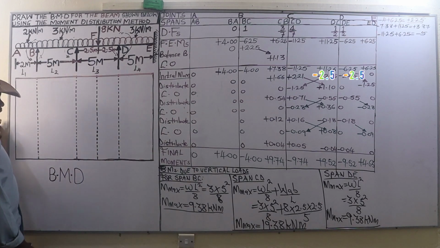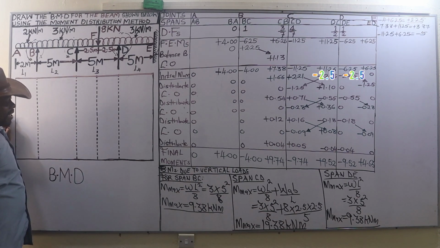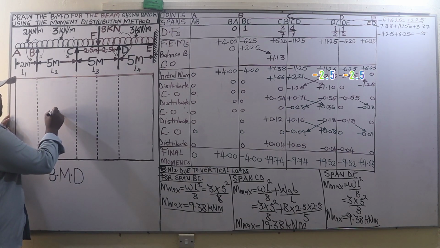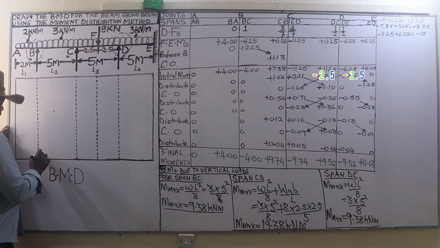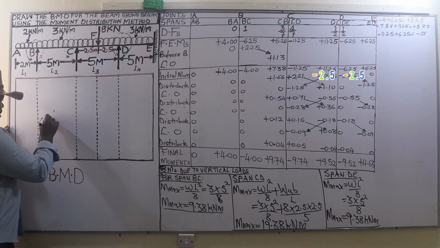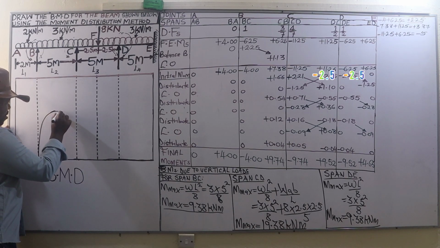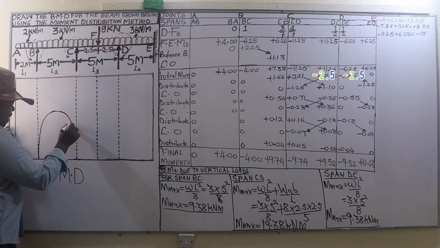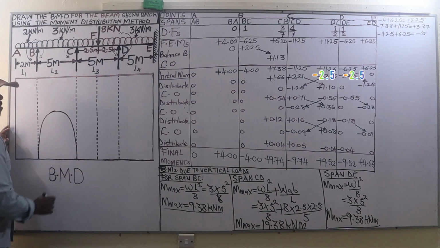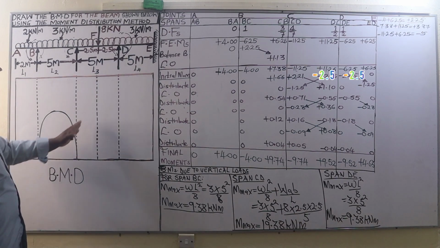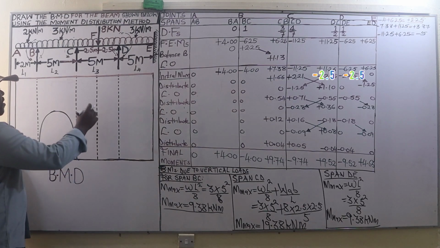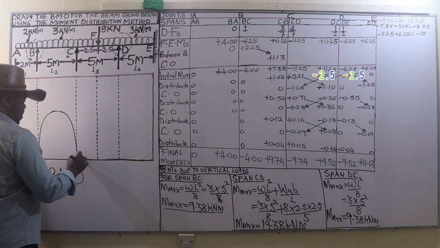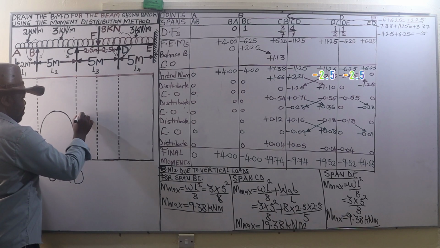Let's begin with the maximum bending moment between span B and C, that is 9.38. So 9.38, let's get that point. And this is going to be a smooth curve since the span is loaded with a UDL. Then on the span C to D, we have 19.38. It is also going to be a smooth curve since it is loaded with a UDL.